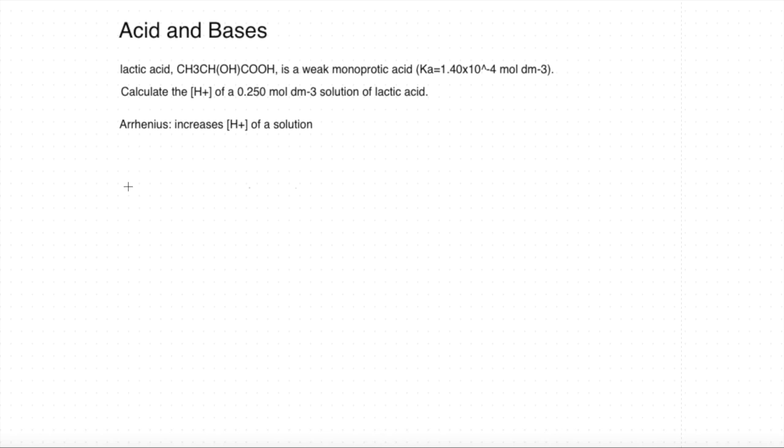A Bronsted-Lowry acid is defined as a proton donor. And then we have a Lewis acid that acts as an electron pair acceptor.